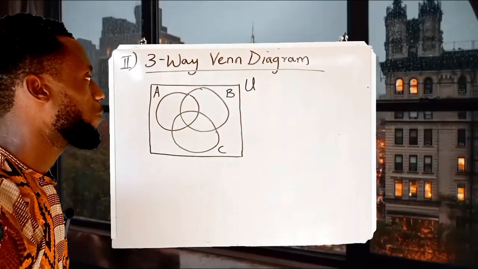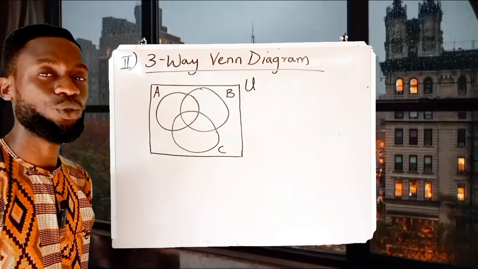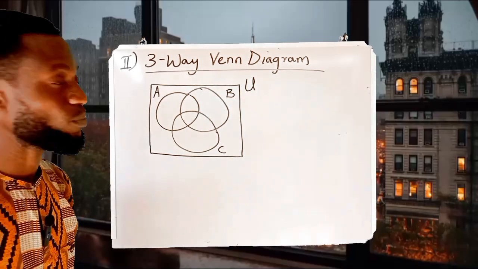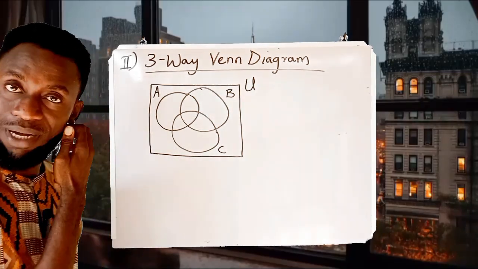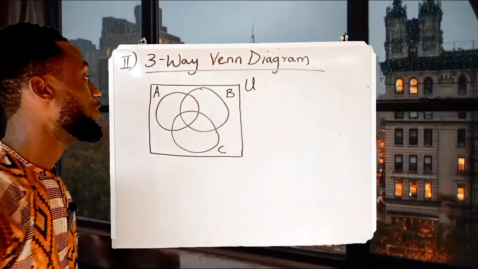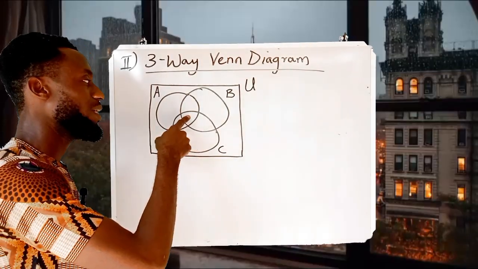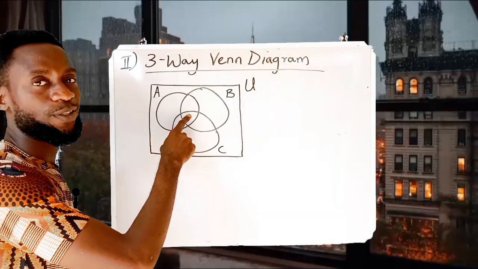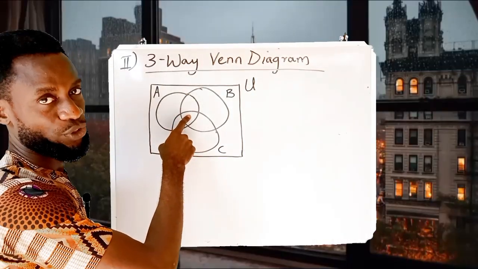Once more, we are going to go into their notations much later, but for now what you need to first master is, when solving a three-way Venn diagram, the central point to begin is the intersection of all three.